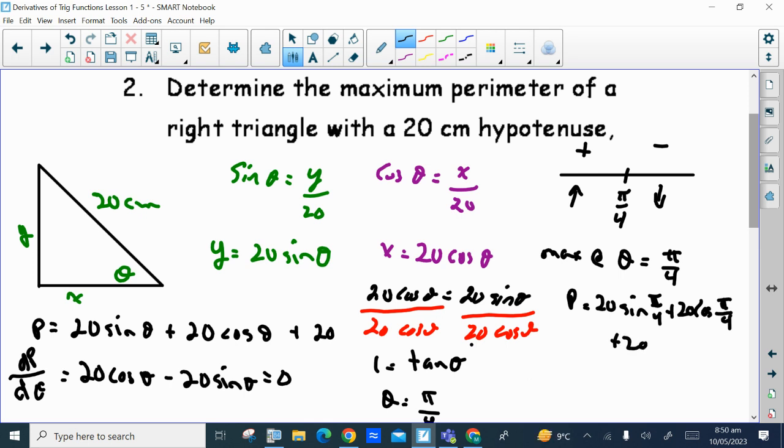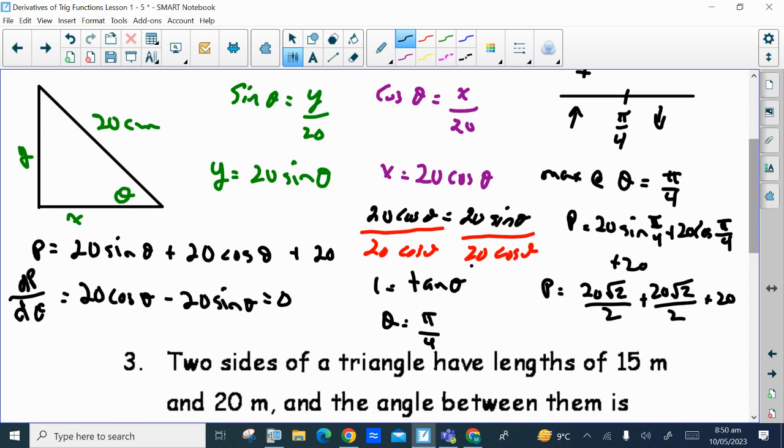Now the sine and cosine of pi on 4 are both root 2 over 2. So it'll be 20 times root 2 over 2 plus another 20 times root 2 over 2 plus 20. That's going to give you 10 root 2 plus another 10 root 2, which is 20 root 2 plus 20. And that'll be in centimeters. And so there's your maximum perimeter.